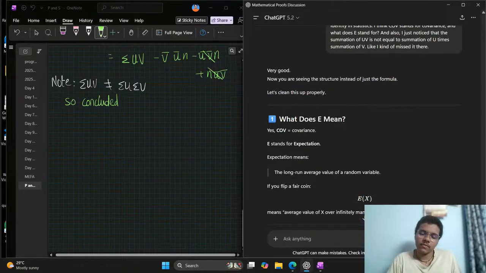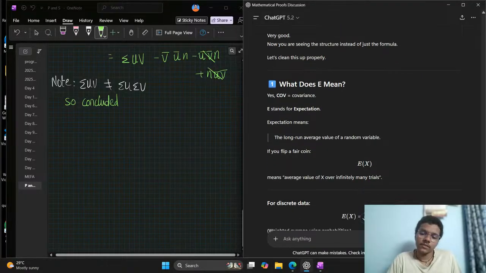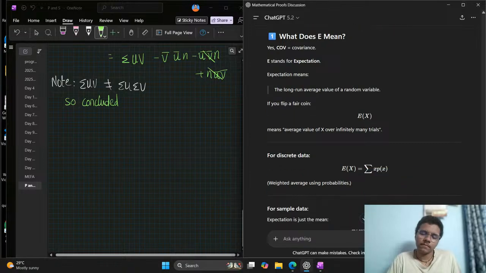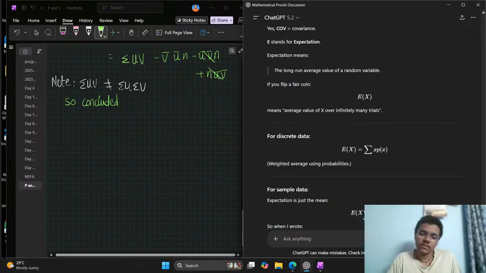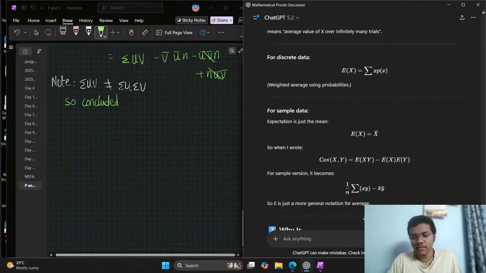Expectation, yeah, I thought of it. If you flip a fair coin, for discrete data, expectation is just the mean.